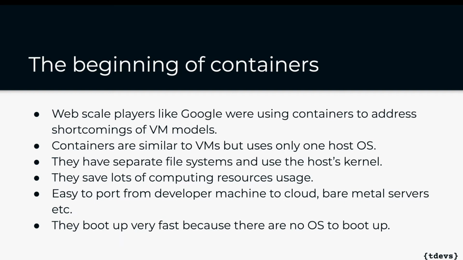So that's how they are totally different. Since the file system is totally separate for each container, they are totally isolated, and one container cannot directly talk to another container without some kind of network interface.